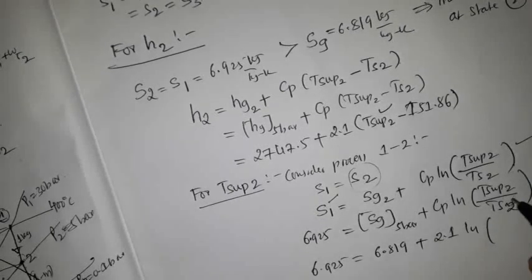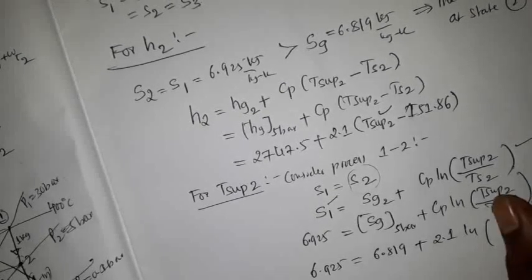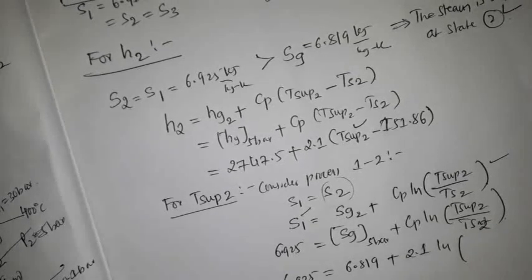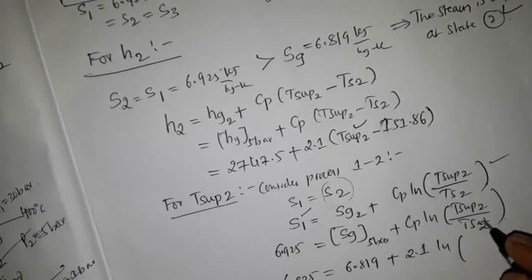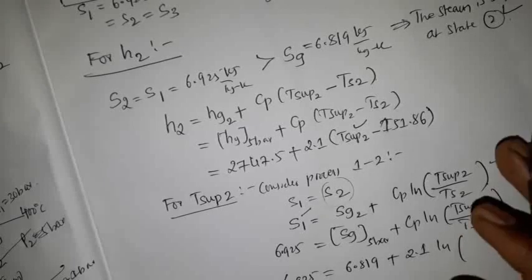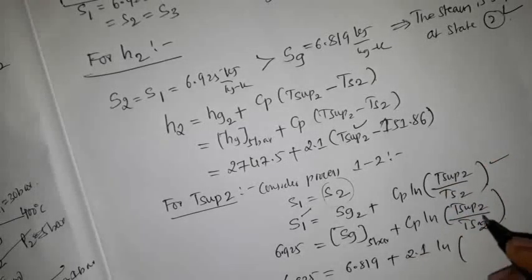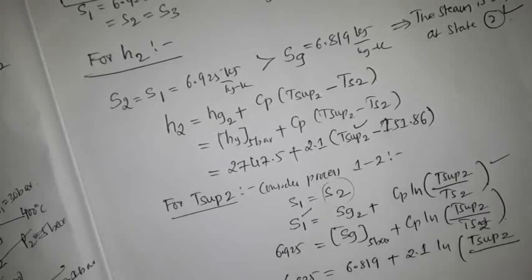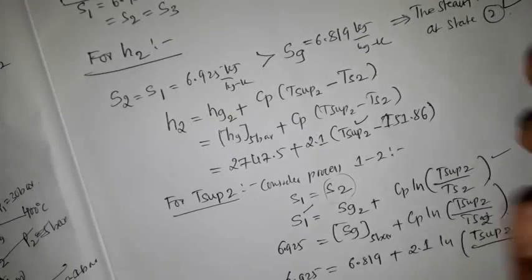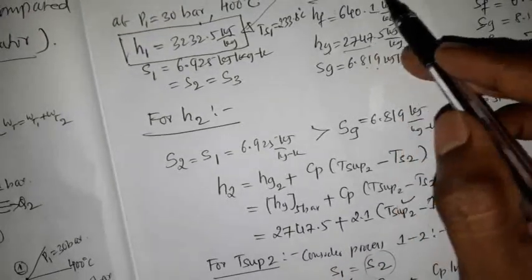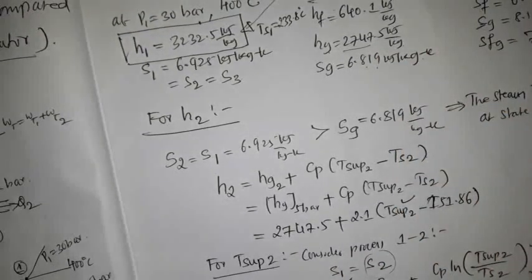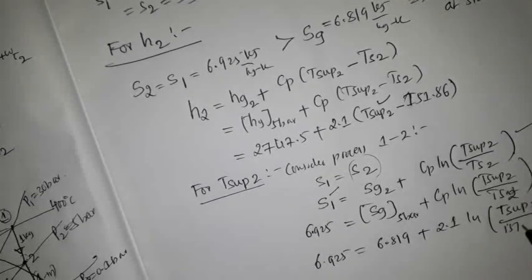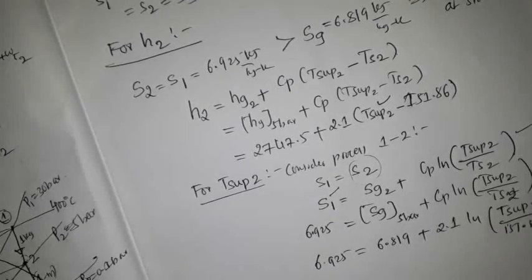Now I have to substitute Kelvin temperature whenever there is a ratio of temperatures. I am supposed to calculate T superheat 2 only, so I will keep it as it is, divided by T saturation 2. T saturation 2 at 5 bar is 151.86 degrees Celsius, so I will substitute it as 151.86 plus 273.